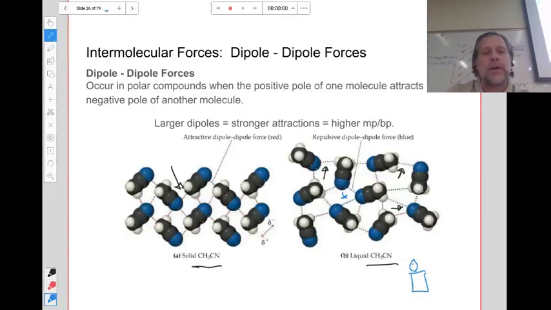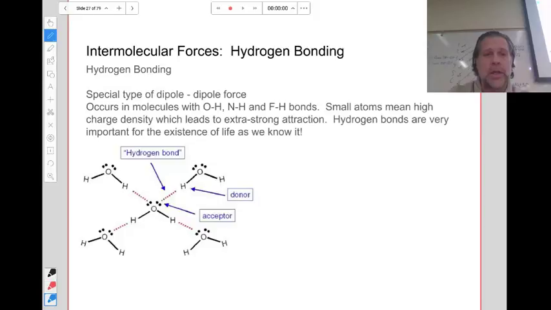So another intermolecular force that we need to talk about is hydrogen bonding. Hydrogen bonding is a special type of dipole-dipole force. We have to be aware that hydrogen bonding tends to occur when nitrogen, oxygen, or fluorine are bonded to hydrogen. So when oxygen is bonded to hydrogen, or nitrogen is bonded to hydrogen, or fluorine is bonded to hydrogen, that's when hydrogen bonding can occur.